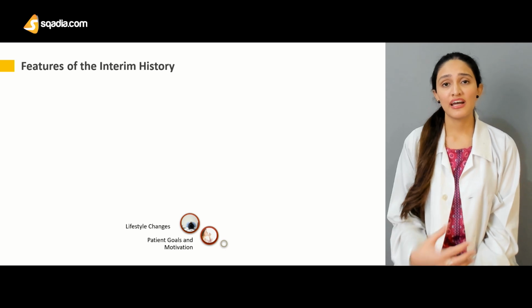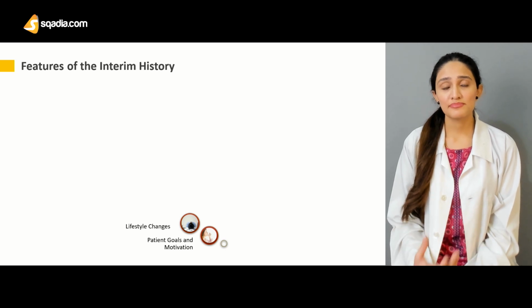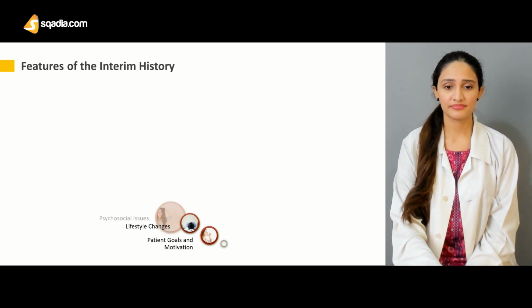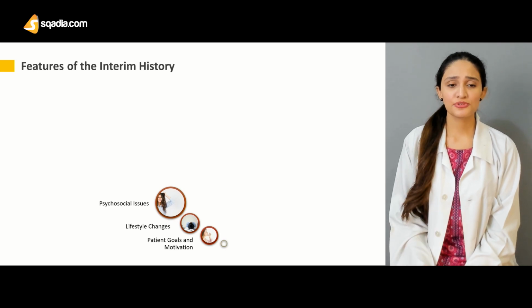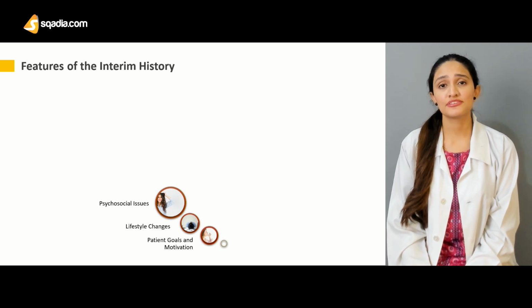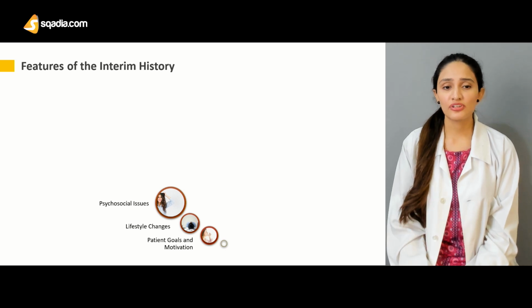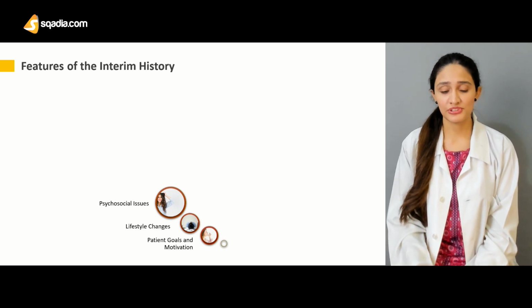So he would have to start some exercise routinely and give up the sedentary lifestyle. Psychosocial issues, as you all know, stress is one of the causative factors of type 2 diabetes mellitus. So it's very necessary to ask the patient about any psychological or psychosocial issues.